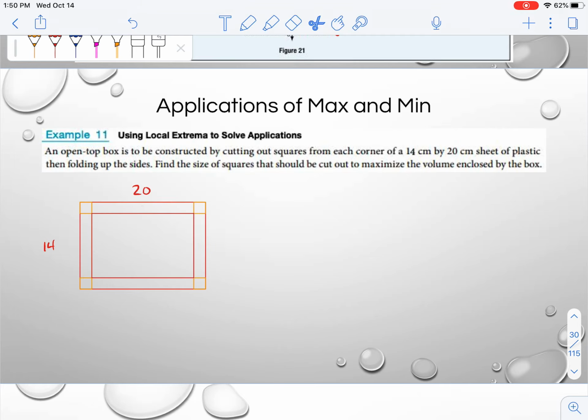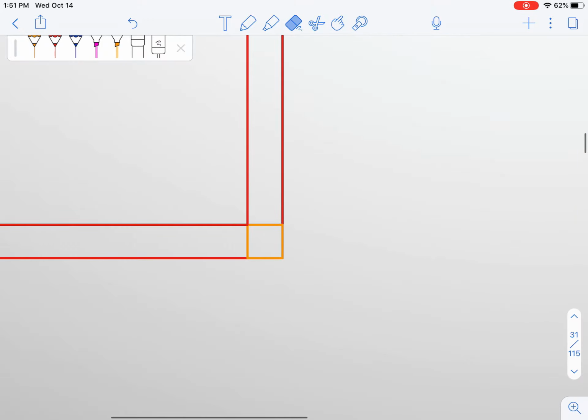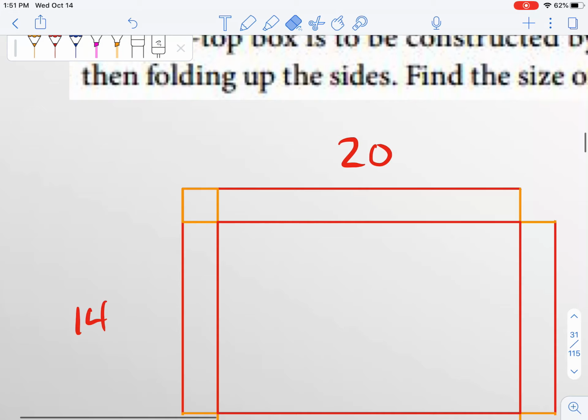Okay, there we go. All right, so what I've done at this point, let me zoom in and I'll clean this up a little bit. I've gotten rid of each of these corners. Okay, these corners have all gone away now.